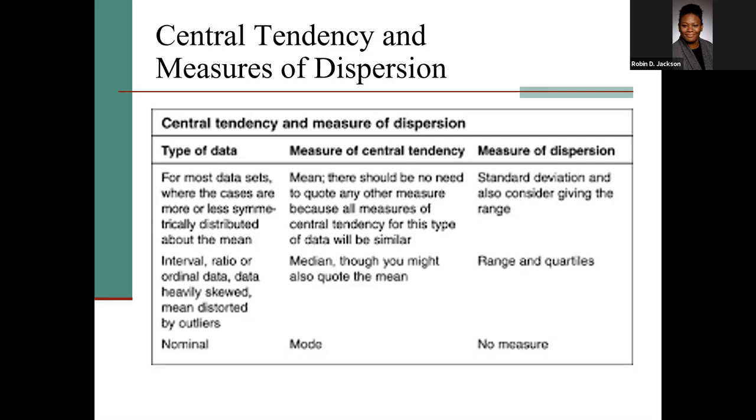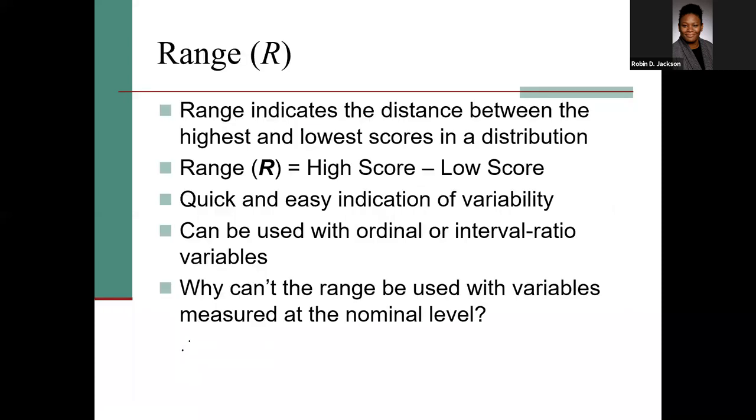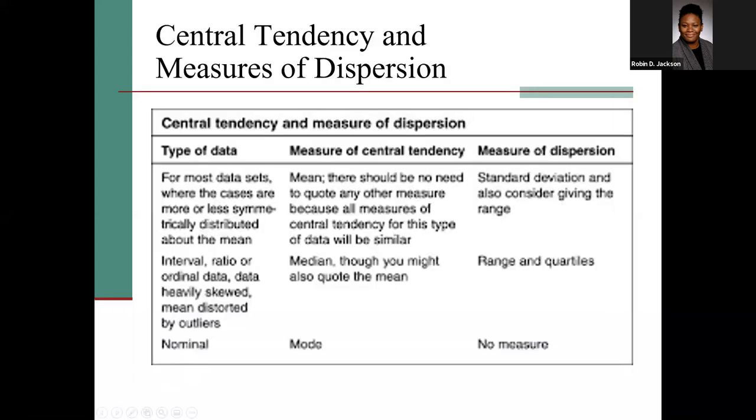If you look all the way at the bottom, where it says nominal, remember, that's one of those levels of measurement, my apologies, not a measure of central tendency. Remember, we had 3 different levels of measurement. Technically there are 4, but when I teach levels of measurement, I combine interval and ratio.